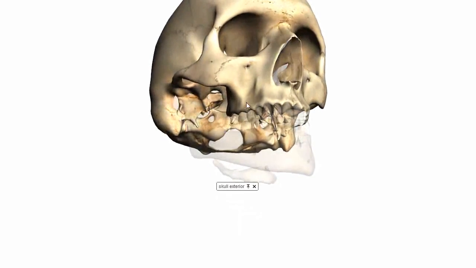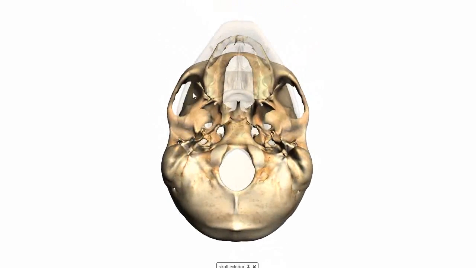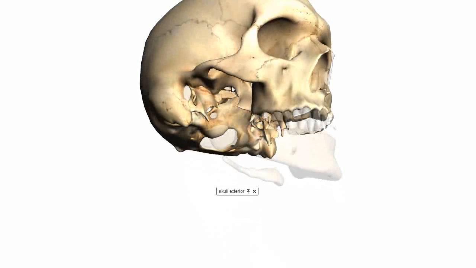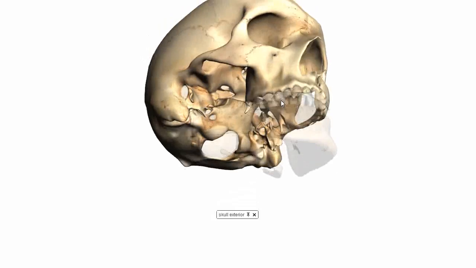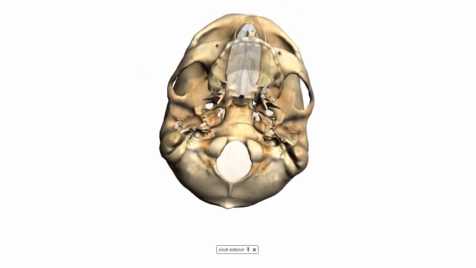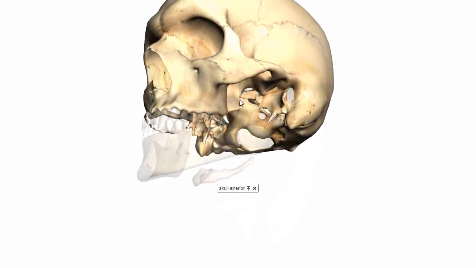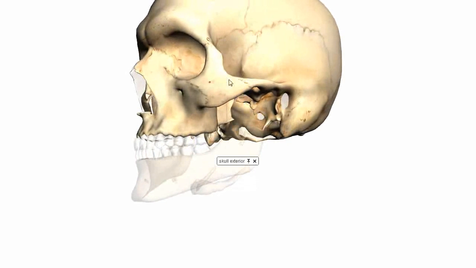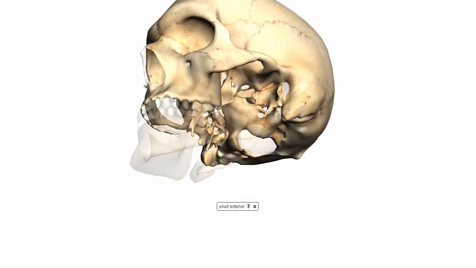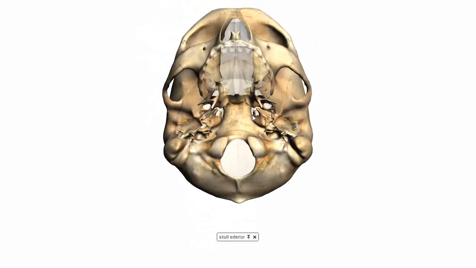So greater wing, rotating it round, and you can see this pointing downwards. These are the pterygoid processes, and you've got them on both sides. See here, the pterygoid processes sticking downwards. Greater wing, and then the pterygoid processes pointing downwards.